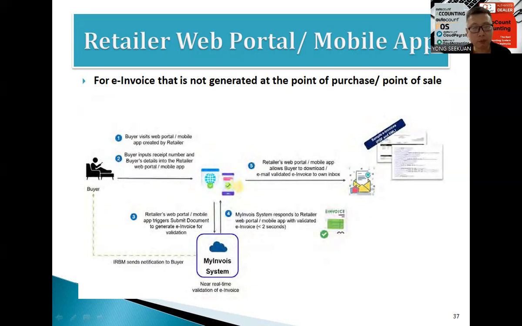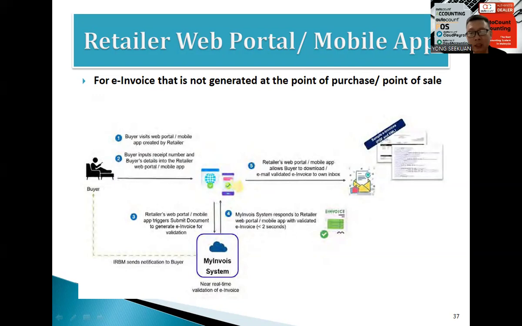they develop the website or system, so when they print the receipt to you, at the bottom of the receipt there is a QR code or a website link. They will say, if you want to request the e-invoice, please scan this QR code or visit our website.